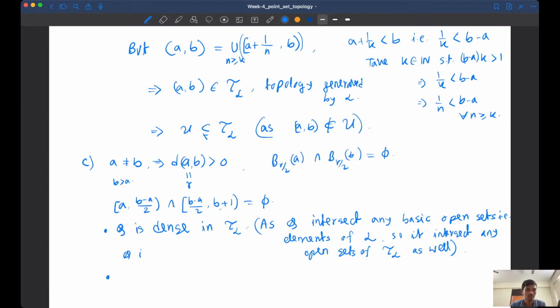So the next claim is that if tau comes from some metric, then it has a countable basis.